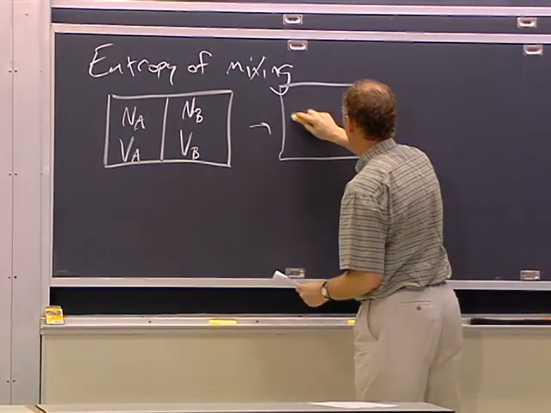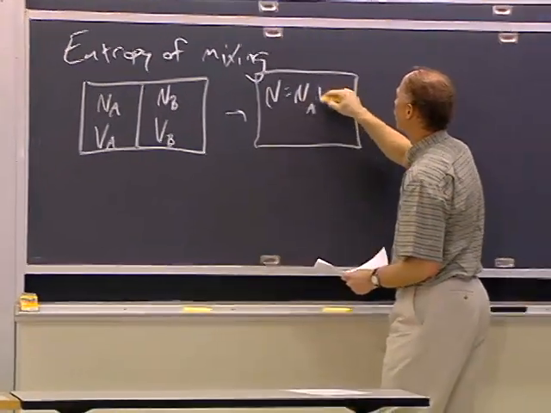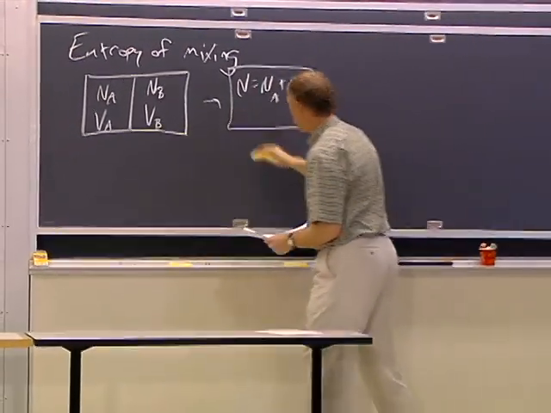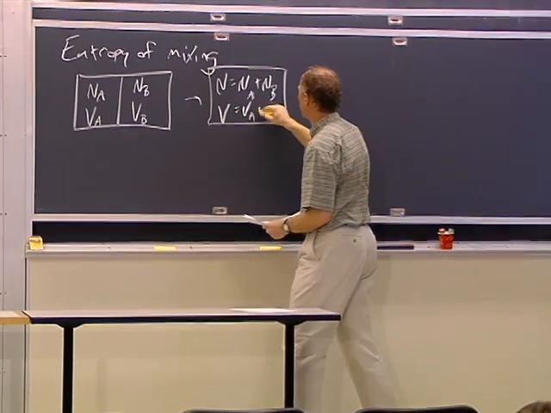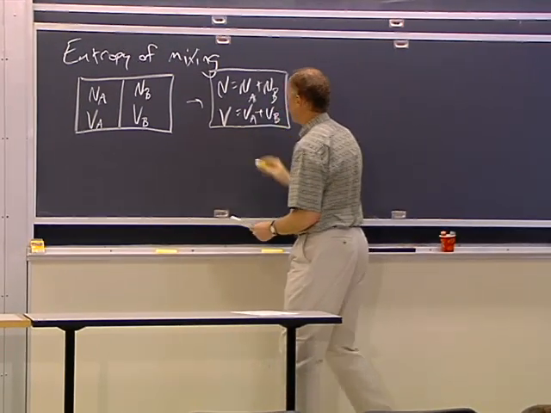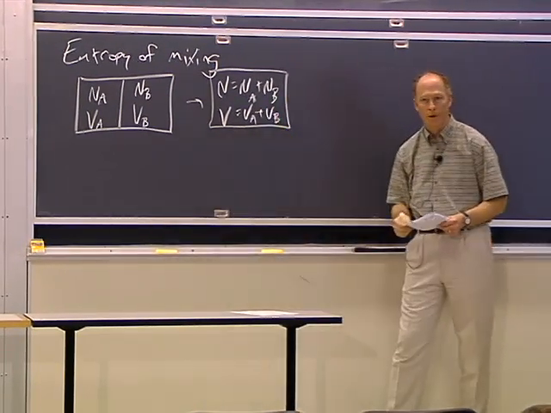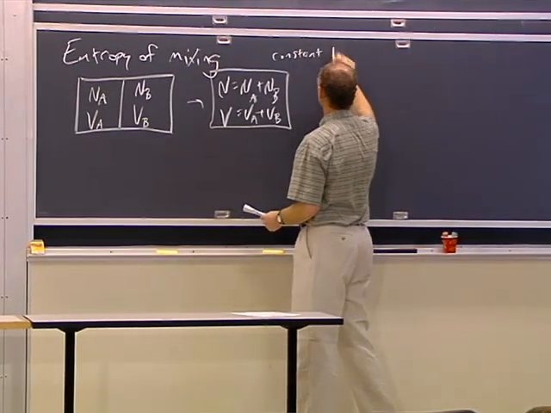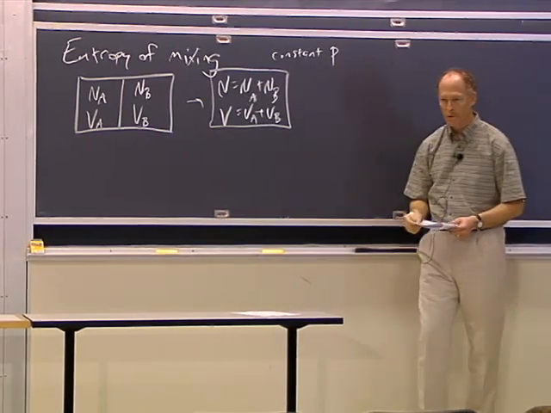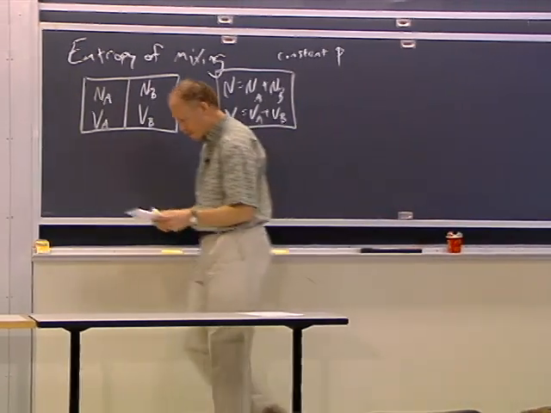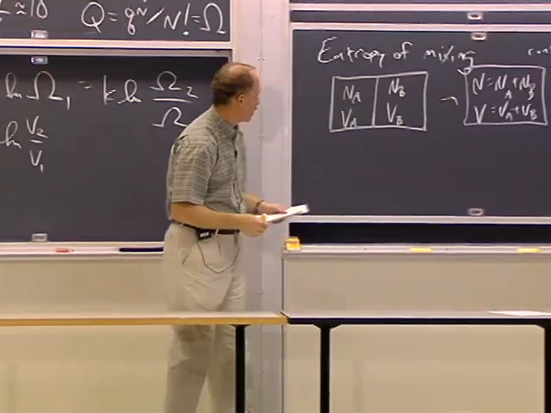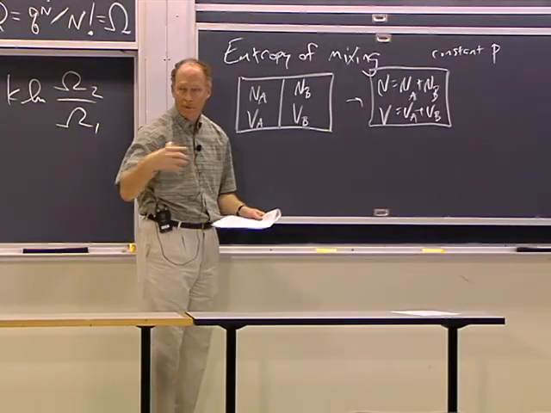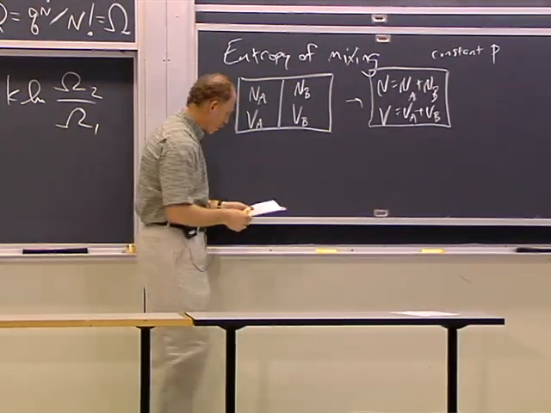And we've got capital N, NA plus NB, and capital V, VA plus VB, right? And the whole thing is happening at constant pressure. Okay? Well, then let's look at the initial and final expressions for the entropy.